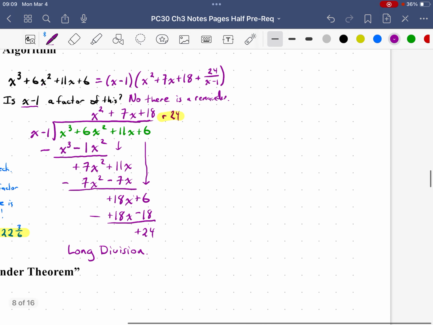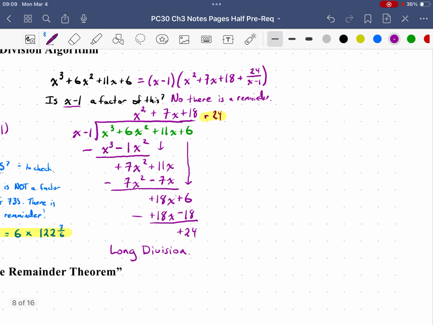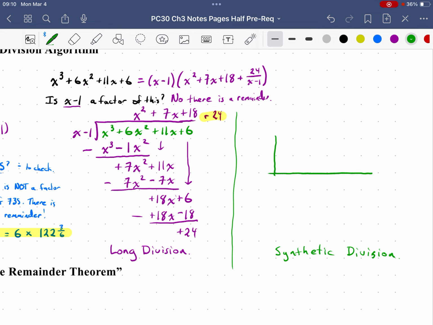Now, there's a quicker way to do this, and we're going to use the exact same question to figure out something called synthetic division. This is going to be called synthetic division. You need to know both. So in synthetic division, we set up a chart like this to divide.